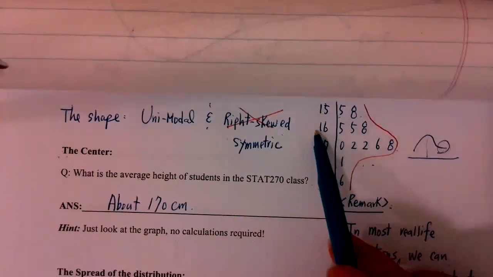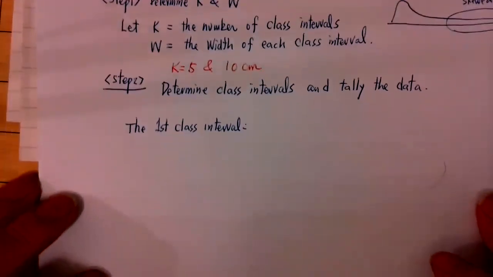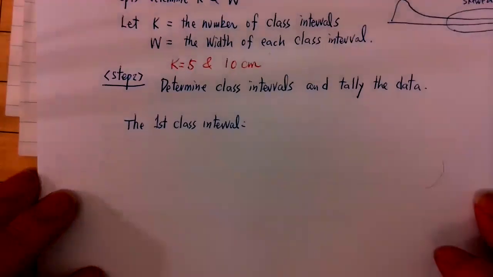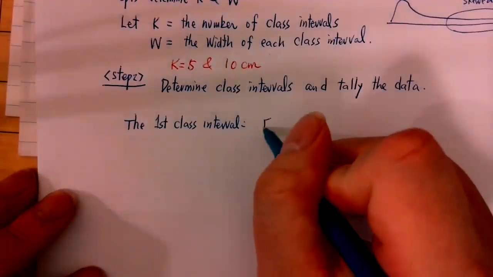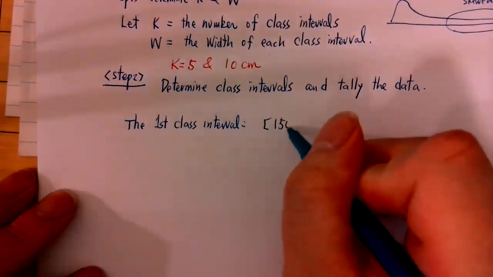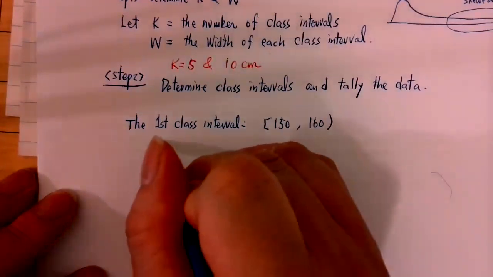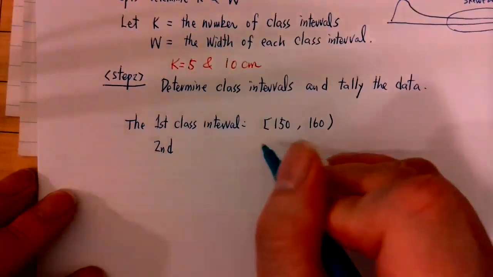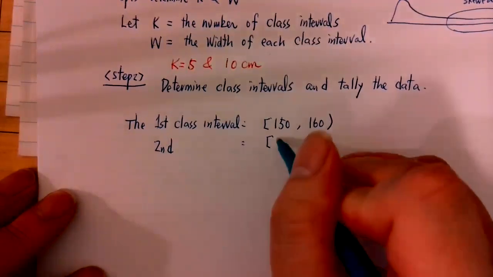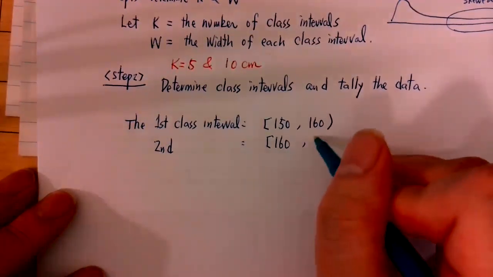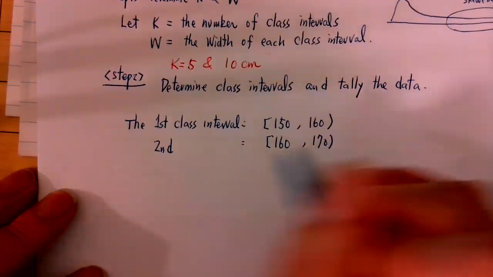Second class interval, 160 to 170. Let me write it down here. First class interval, from 150 to 160. And the second class interval, from 160 to 170.